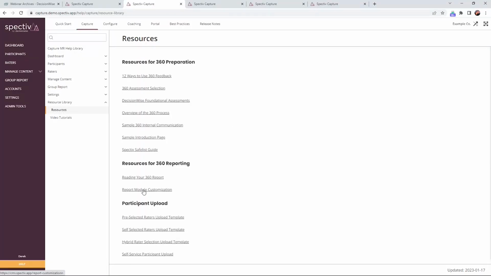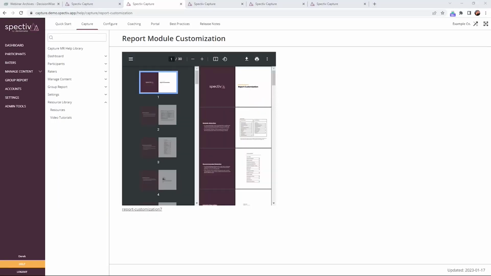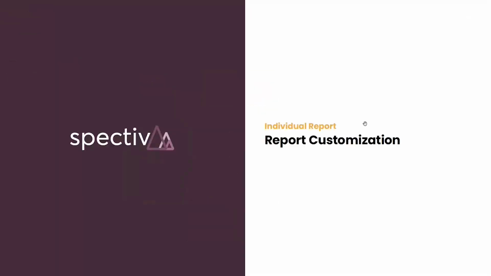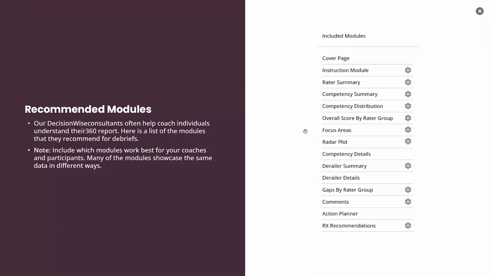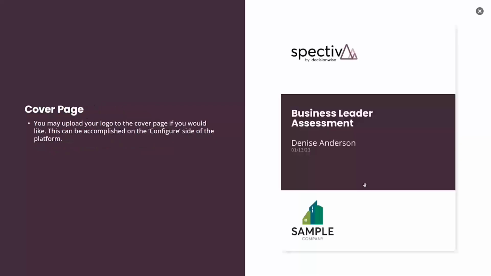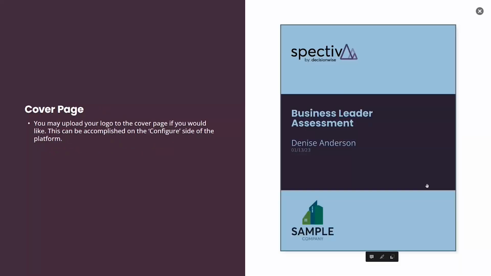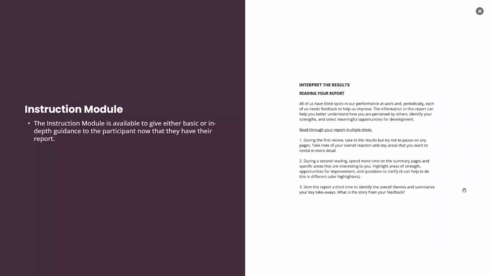And here it also goes over the report module customization. I wanted to show this one a little closer today, but it goes over all of the different modules you can utilize. It will showcase our recommended modules from our consulting team that works with us, the introduction letter and what that could look like, a cover page, the instruction module, right?